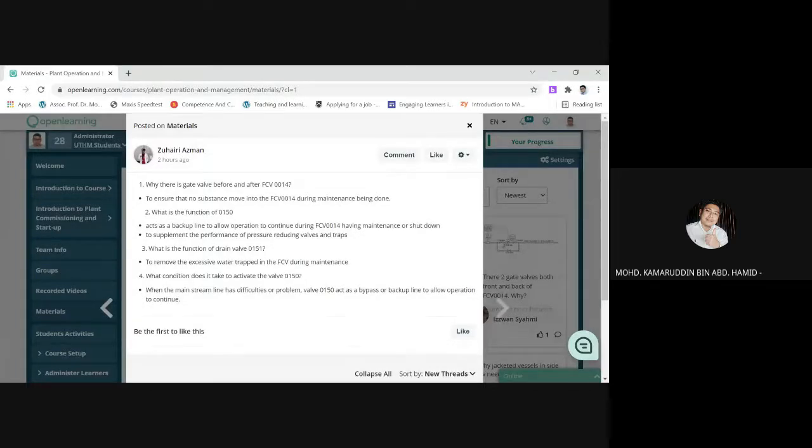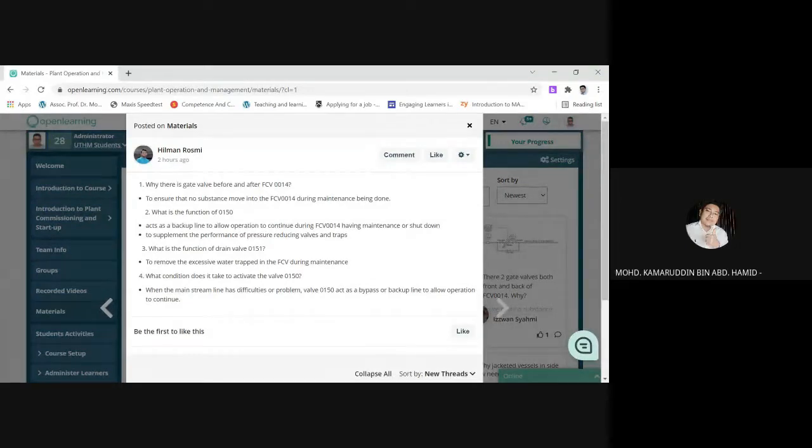The same thing also with this group. Tak tahu group mana ni. Okay, the same with the process flow control valve 0014. Kalau boleh letak dia punya figure. Saya sama group dengan Azri ke?